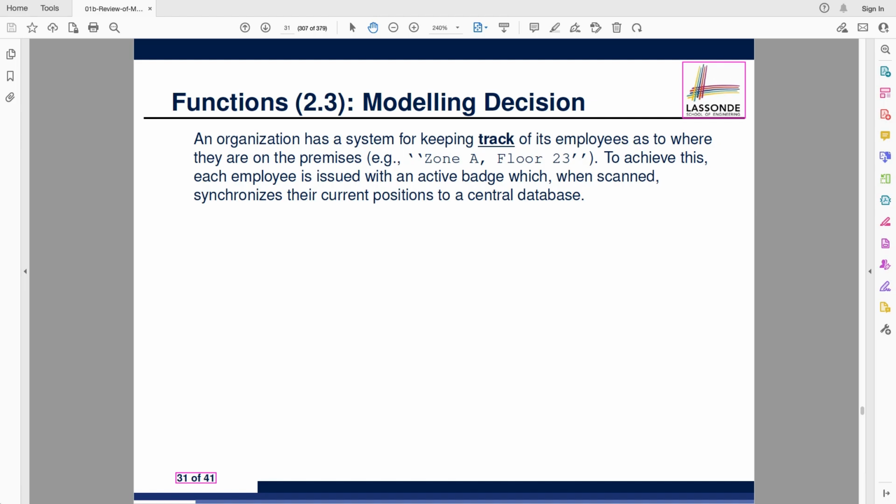Let's read it together. Let's say we have some organization that has a system for keeping track of its employees as to where they are in the premises. Let's say, I might say, Jackie should be in, let's say, Life Science Building 106 right now. I might say maybe Adrian, at another point, might be in some other lecture hall on the campus. But sometimes it might be that Adrian may be at home. In that case, we cannot keep track of him at the moment.